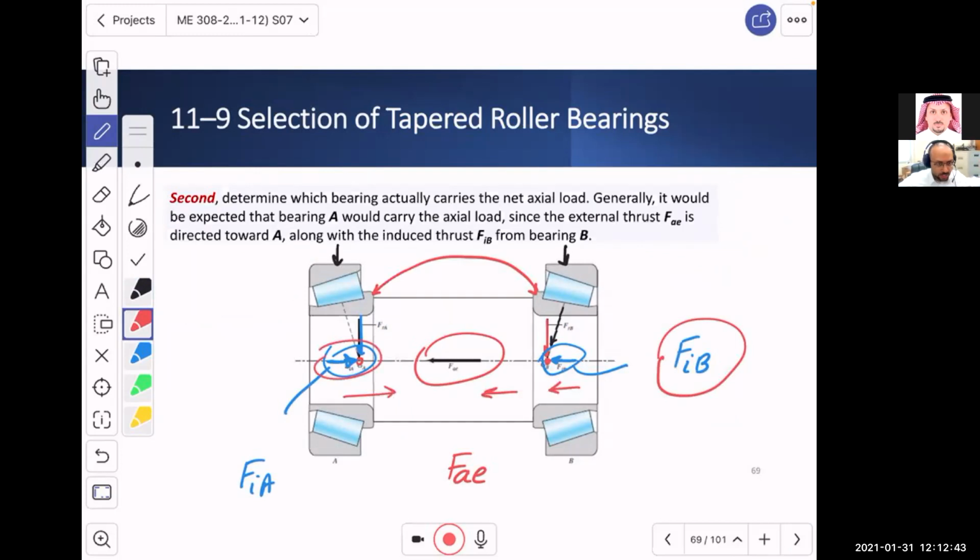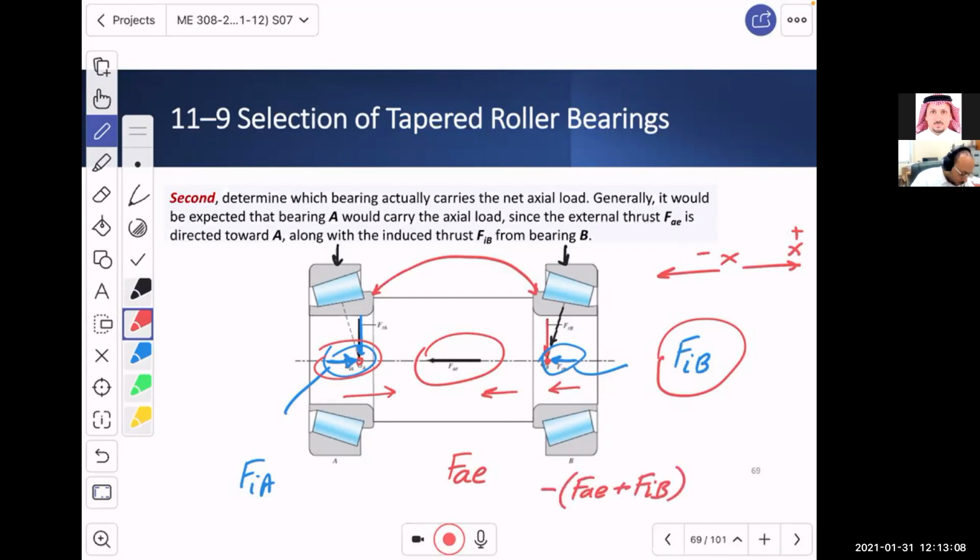So you see where I'm going now, right? Two of these are going to be added up. Now, let's assume that you decided to call this direction negative x, and this one positive x, which means that FAE plus FIB are both negative.